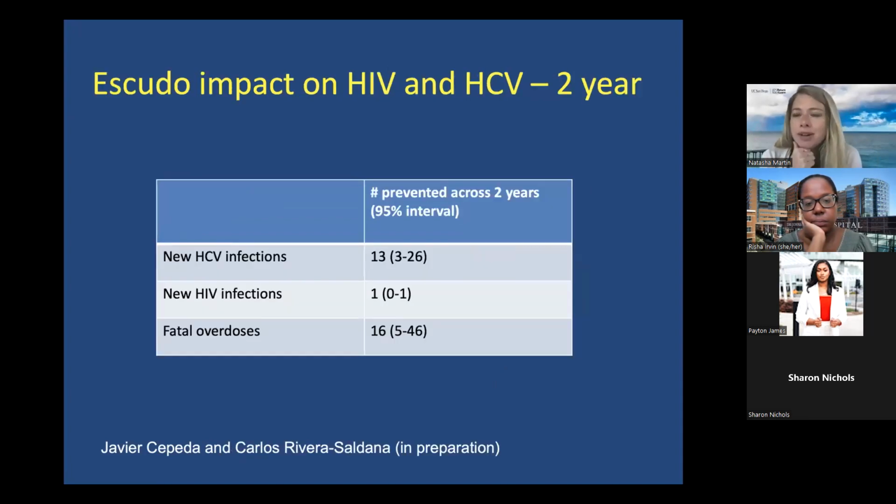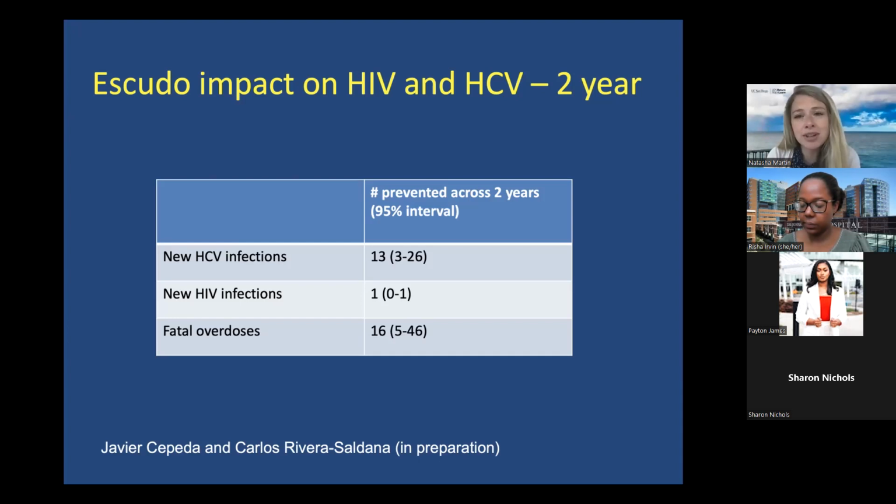So we use the modeling to say, well, how many new HIV infections and hepatitis C infections were prevented just across the 2 years after the training? We saw those declines in the 2-year period after the training. That's the period where we were following the officers, and we know that they reported fewer arrests. We're following the people who inject drugs. They're reporting fewer incarcerations in that 2-year period.